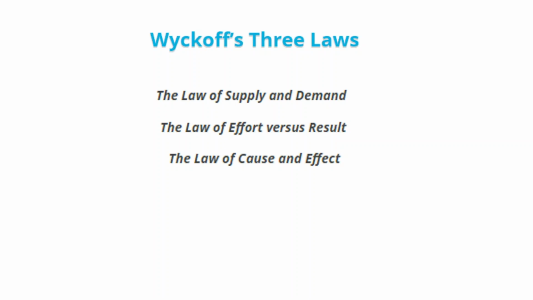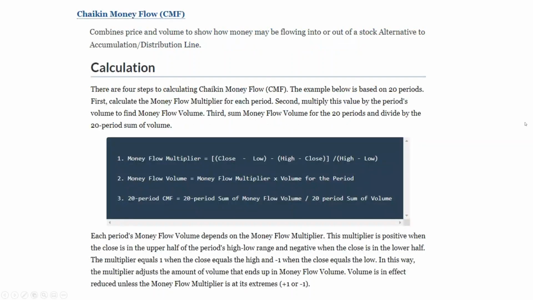money flow indicator. So if you can go to the next slide, what is the Chaikin money flow indicator? Chaikin money flow combines price and volume to show how money may be flowing into or out of a stock or the market. It's an alternative to the accumulation distribution line. And then it goes through how it's calculated.